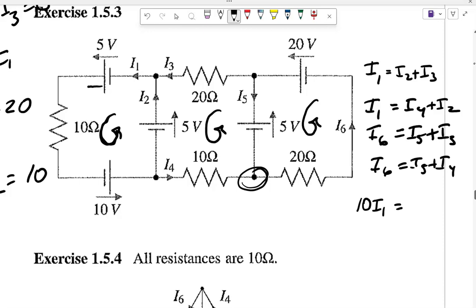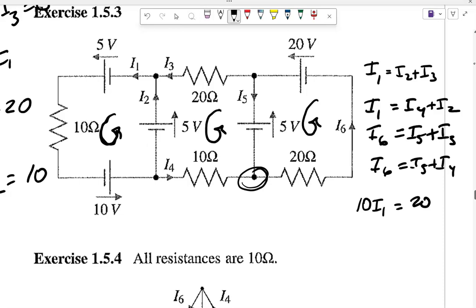Hit that one, right? There's a 5. Go this way, I hit another 5 or 10, and this way I go hit a 5, don't I? 20. Yep, good. Agree? Okay. So we actually figure out what I1 is from that, but that's the equation, isn't it? Okay. Because those are your voltage gains as you go with the batteries.